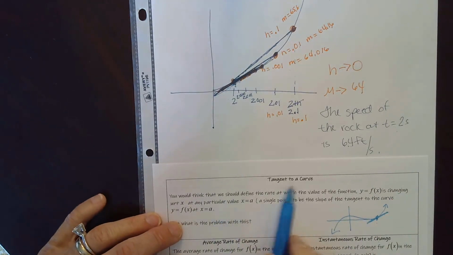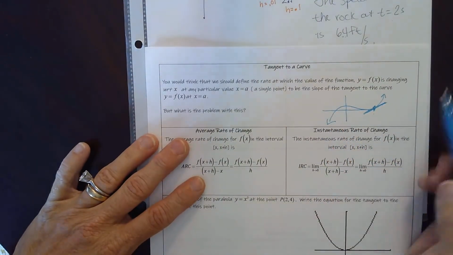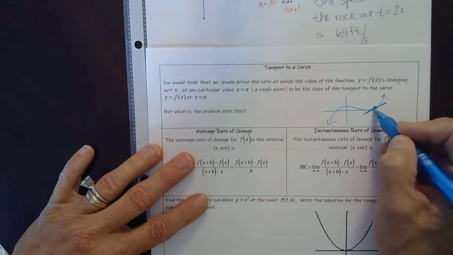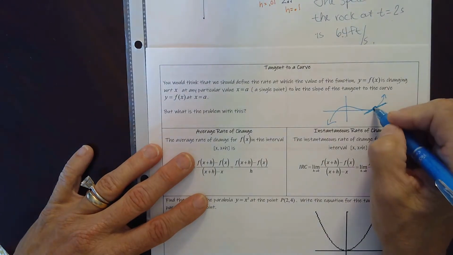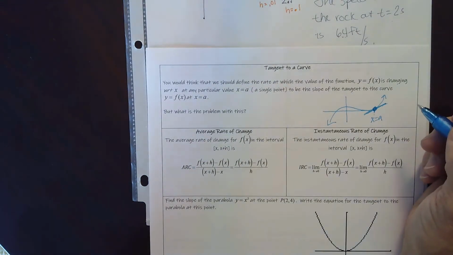So talking in terms of a tangent to a curve, if I drew just a curve and put a point on the curve, we'll say that's at x equals a. You can give it a number if you want.